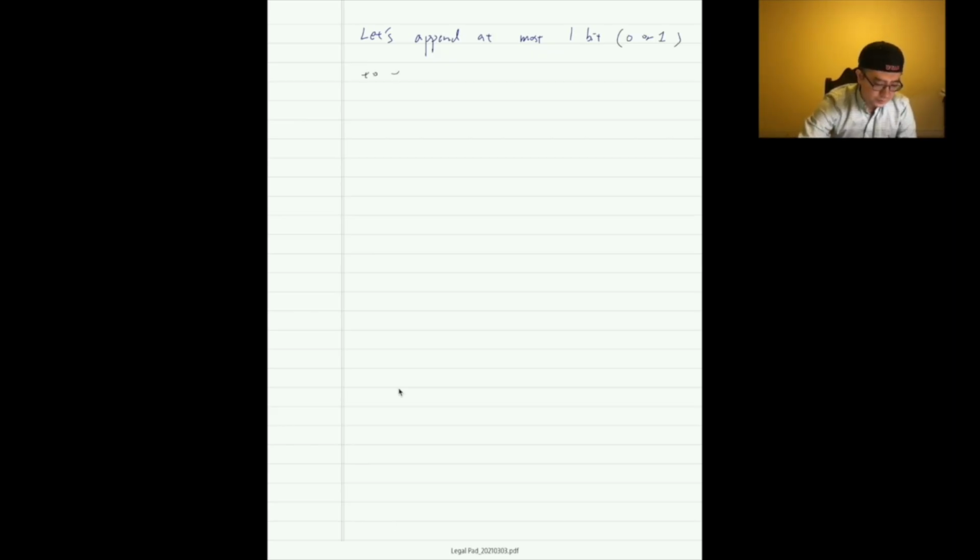To the binary Huffman code to make the length of each code word an even number, okay?